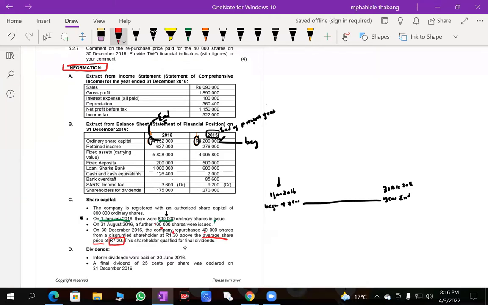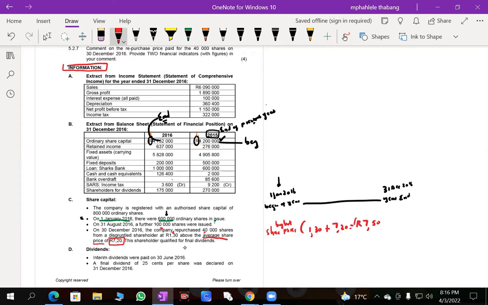So the share buyback price is actually 130 plus 7.20. So these shares were bought back at 7.50.